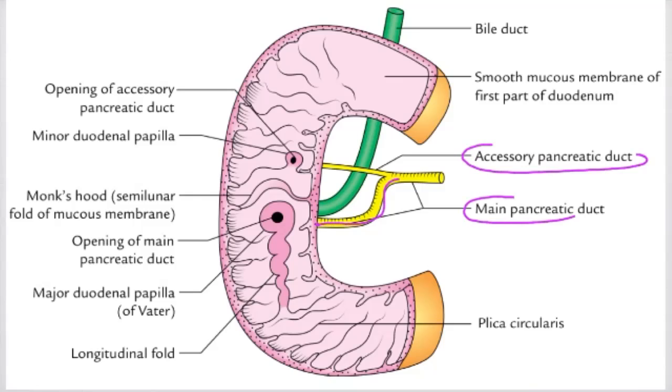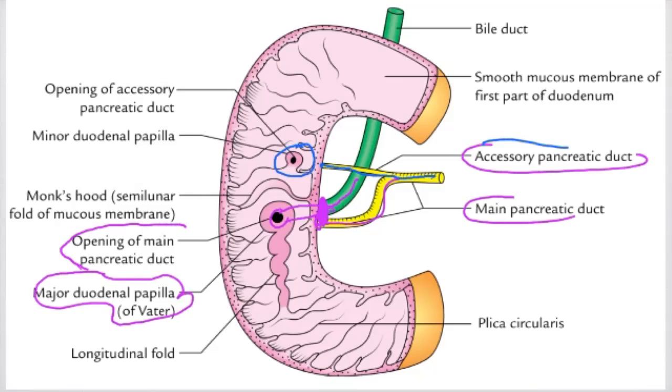And this one, where the accessory pancreatic duct opens, is called the minor duodenal papilla. And this is called the plica semilunaris or monk's hood. And this elongated fold is called the plica longitudinalis.